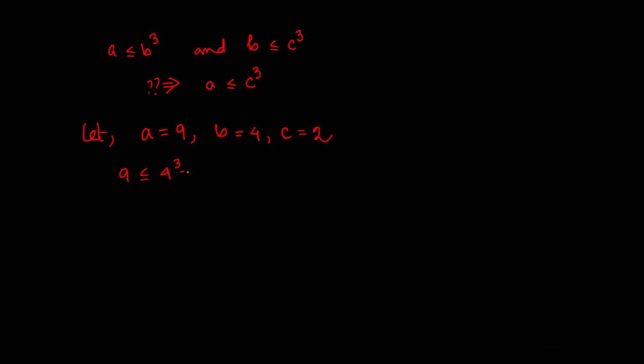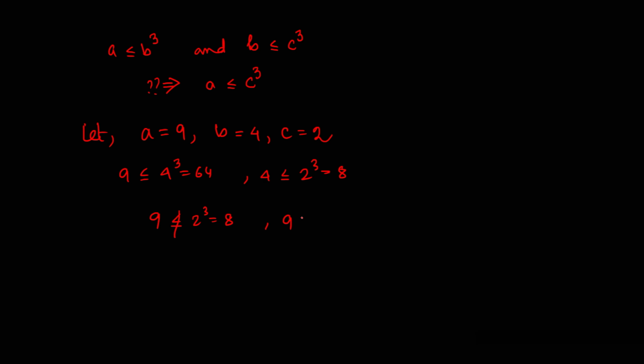Now whether it is transitive or not. Let a be less than or equal to b cubed and b less than or equal to c cubed. Does this imply that a is less than or equal to c cubed? Let us take a equal to 9, b equal to 4 and c equal to 2. You can easily check 9 is less than or equal to 4 cubed, that means 64, and 4 is less than or equal to 2 cubed, that is 8, but 9 is not less than or equal to 2 cubed, that is 8.